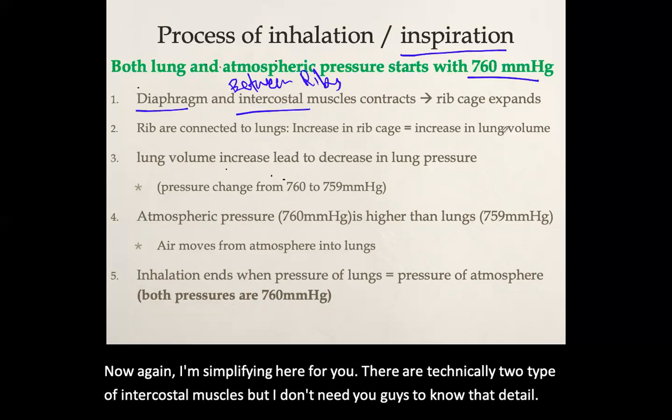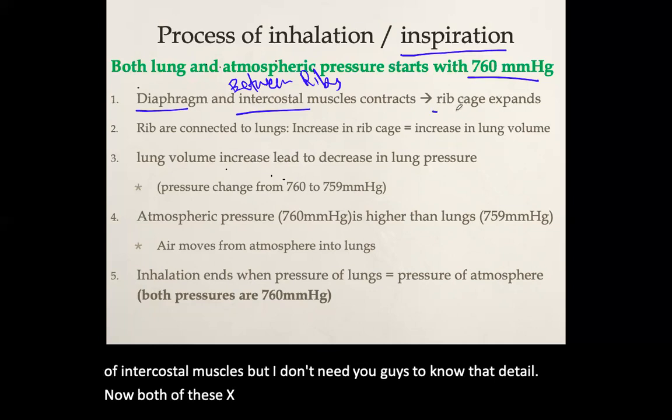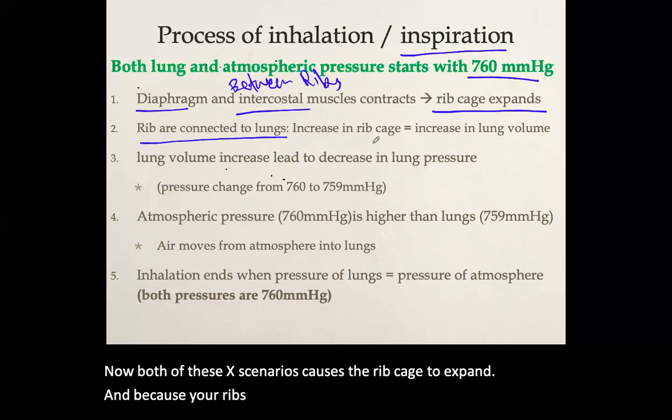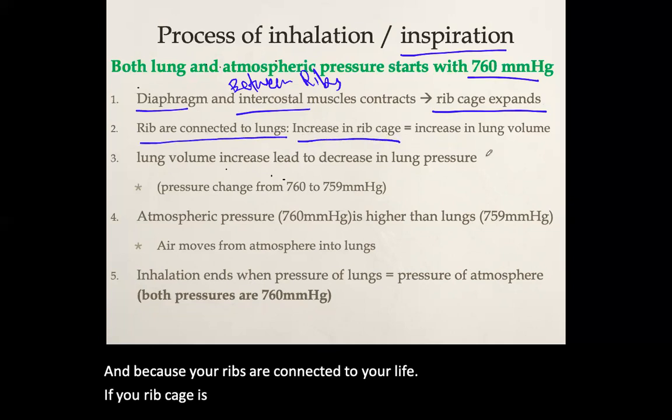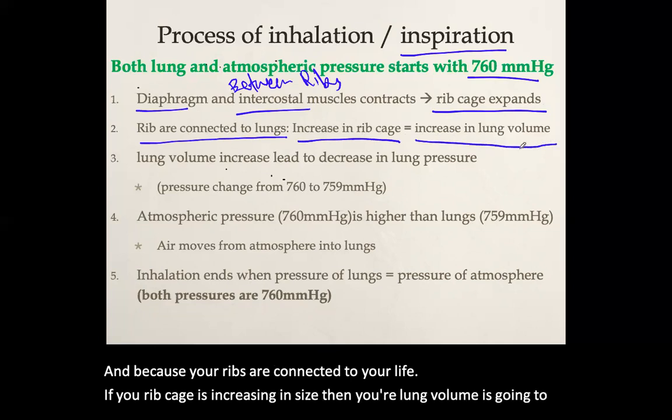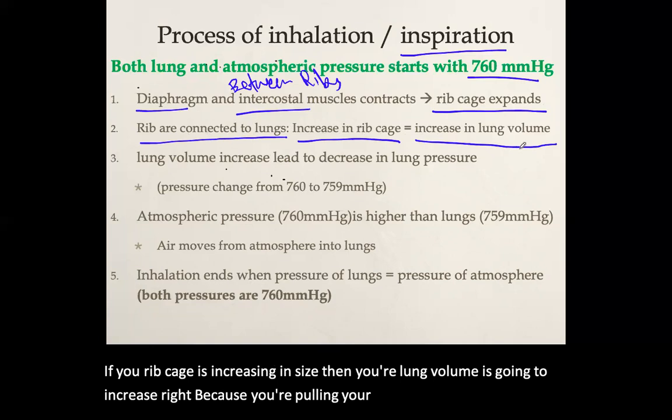Now, both of these scenarios cause the rib cage to expand. And because your ribs are connected to your lungs, if your rib cage is increasing in size, then your lung volume is going to increase, right? Because you're pulling your lung alongside your rib cage.